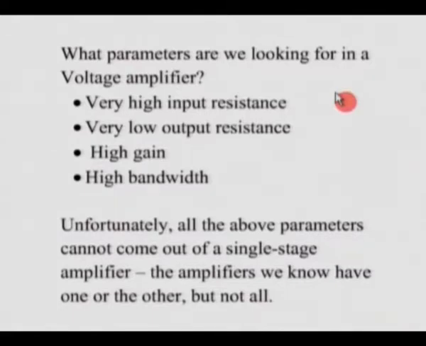Also we require high gain and, let us say, high bandwidth. The last requirement is not very often required. We also saw yesterday why. We said the 741 op amp and other op amps have become extremely popular even though they do not have high bandwidth.